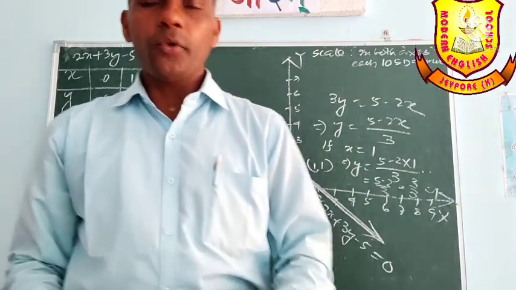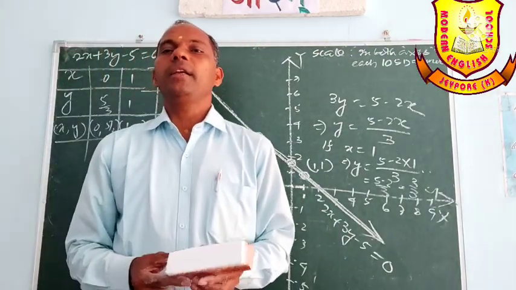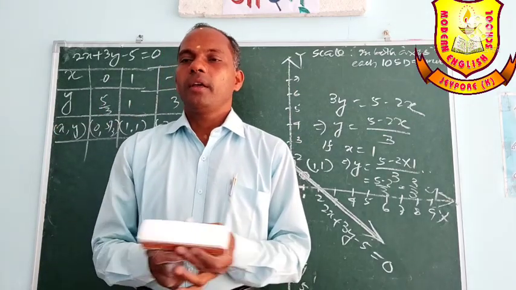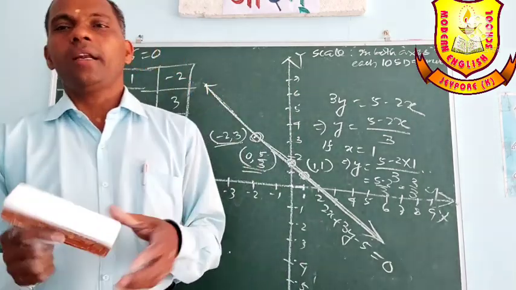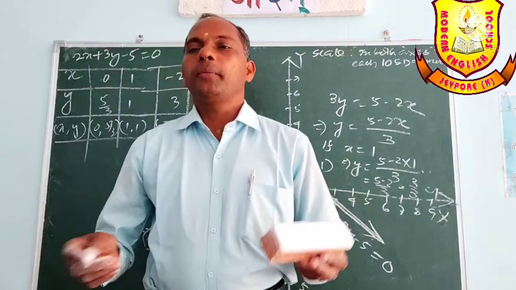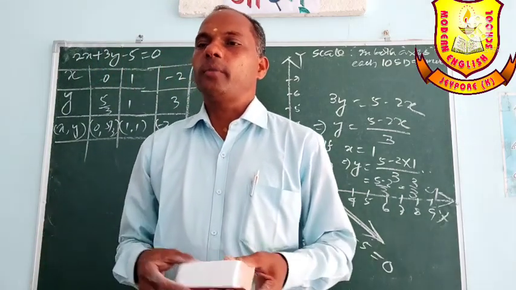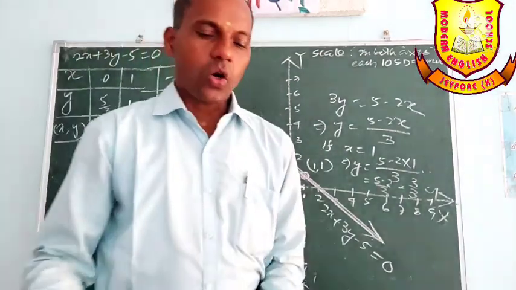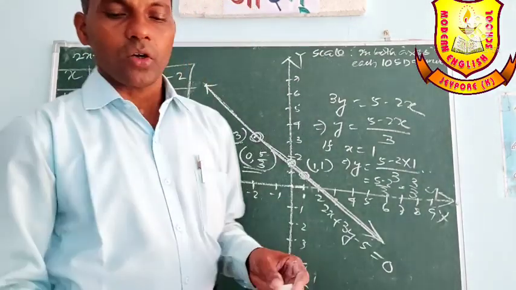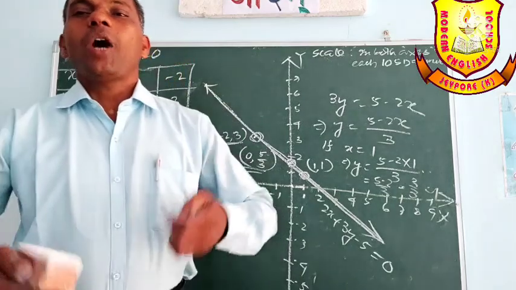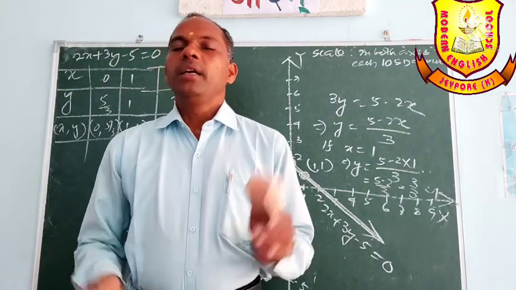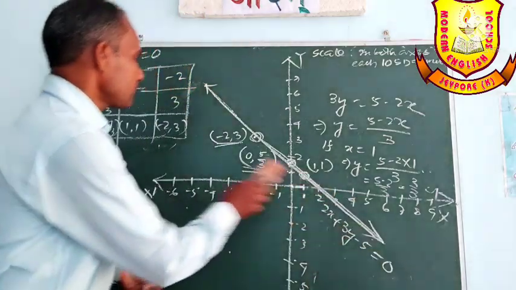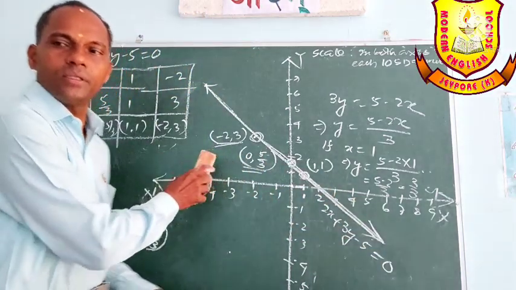Now we have to represent this in day-to-day life problems. How can we represent a linear equation in two variables? One question: let the cost of a notebook be twice the cost of a pen. So how can we represent it as a linear equation in two variables? Okay, I can draw this. Yes.